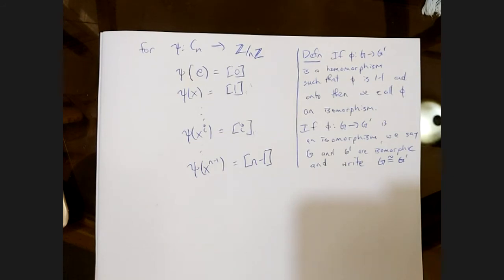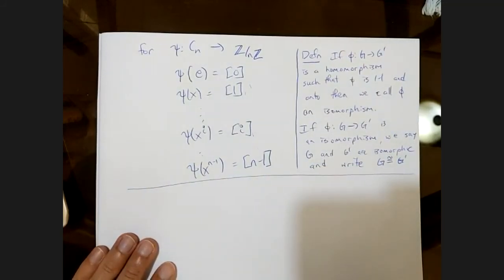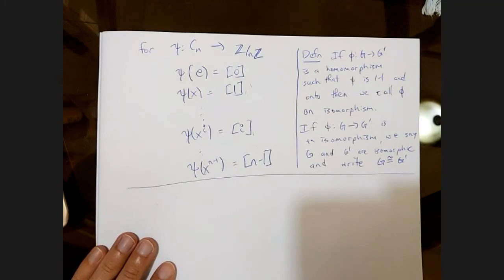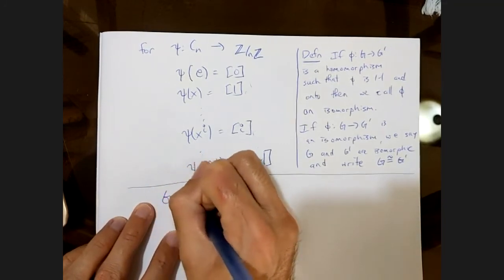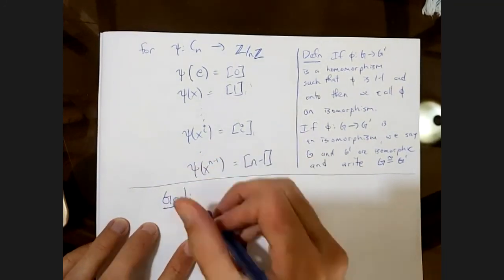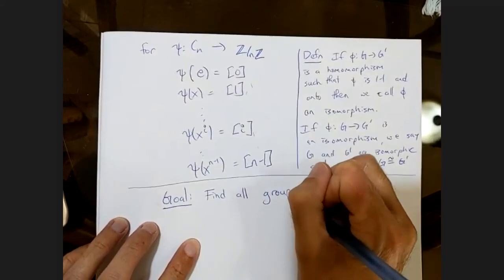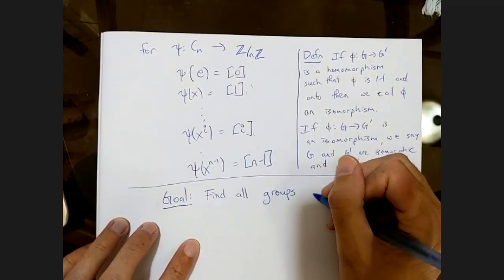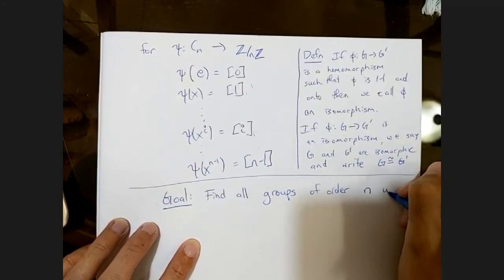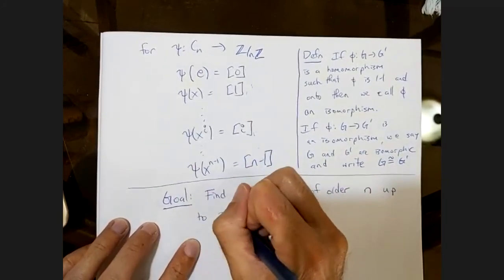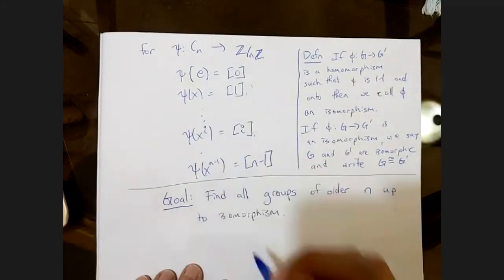Here's a very lofty goal: classify all groups of order n up to isomorphism. Instead of find, it's probably better to say classify.